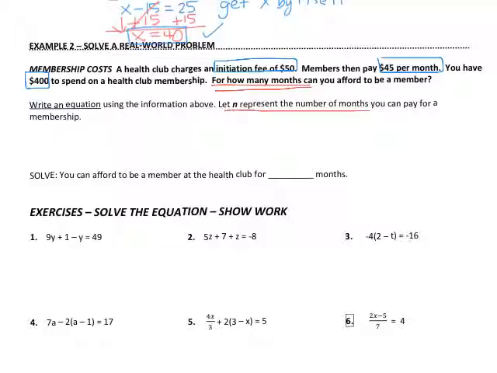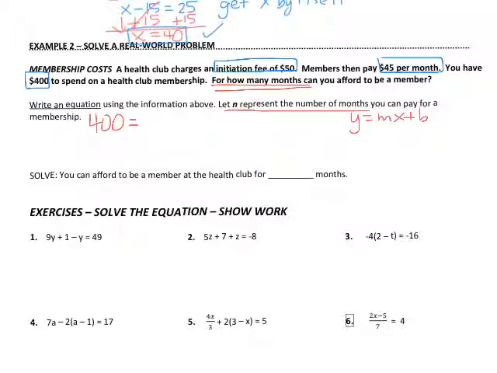I just want to remind you that you know about equations with this form: y equals mx plus b. x is the unknown, and in this case we don't know how many months, and that could be what we do for n there. We know that we have a certain amount of money to spend on the health club membership, so I was going to say that that would be the 400 that we know we have to spend.